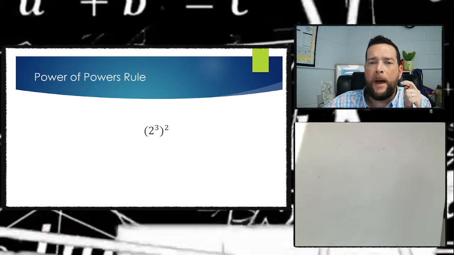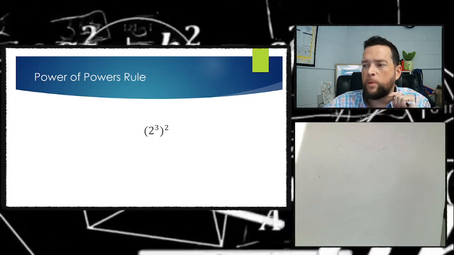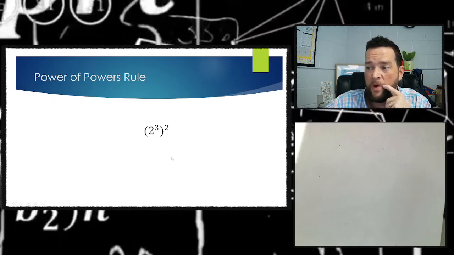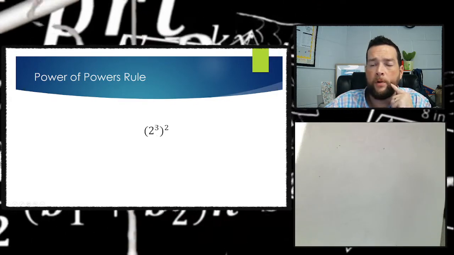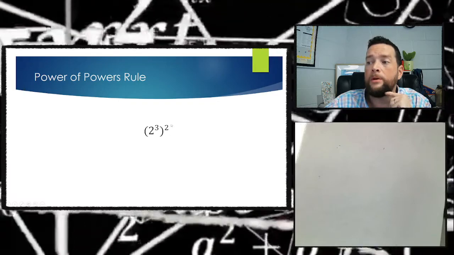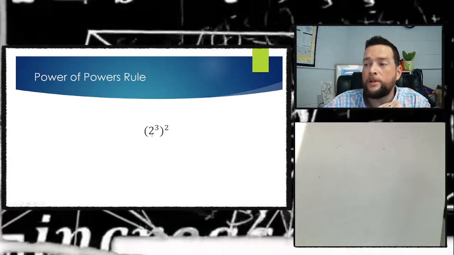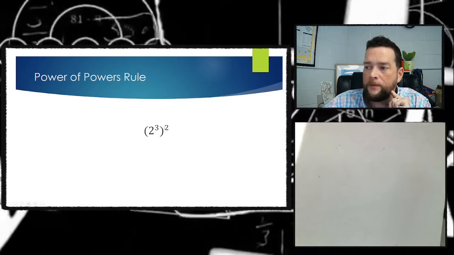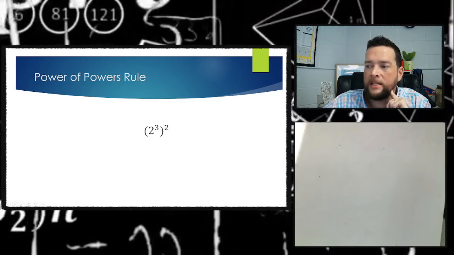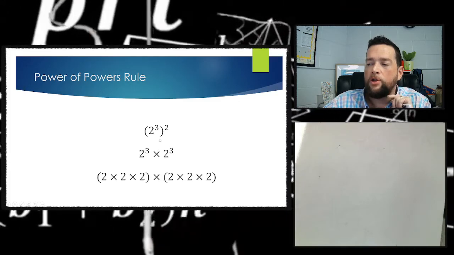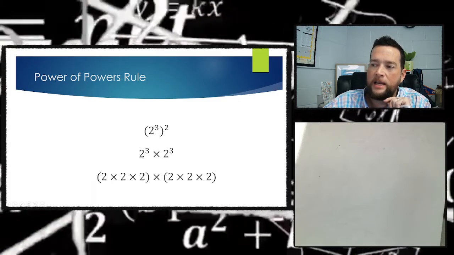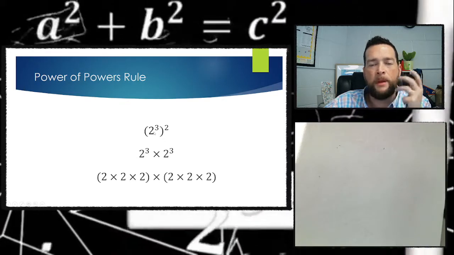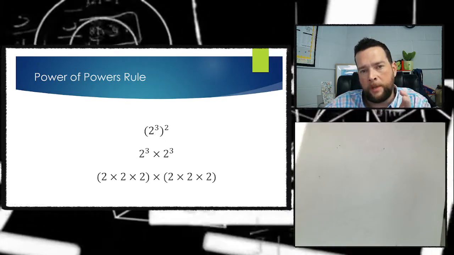The power of powers rule exists when you're raising a power to another power. Like in this case right here, I have 2 to the power of 3 raised to the power of 2. This power of 2 on the outside, we've got to do that exponent first, is really just what's on the inside, 2 to the power of 3, multiplied by itself, because exponents, remember, is repetitive multiplication.